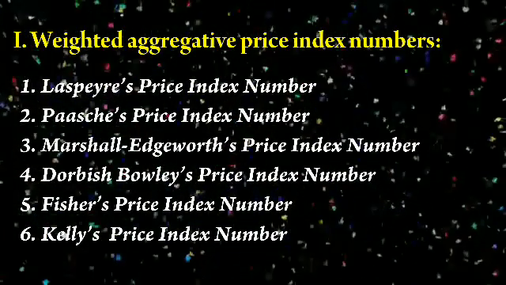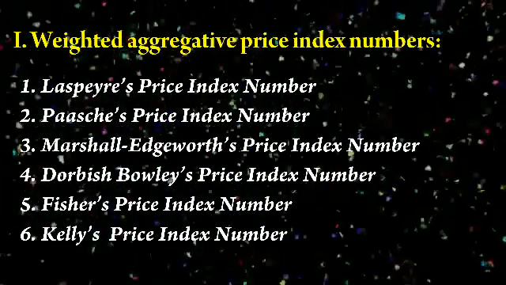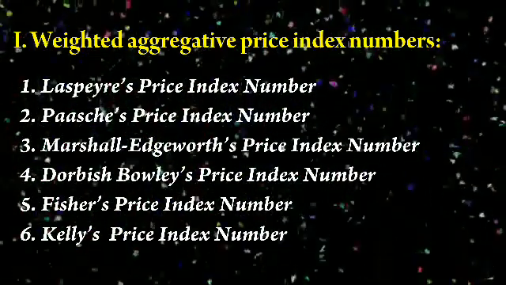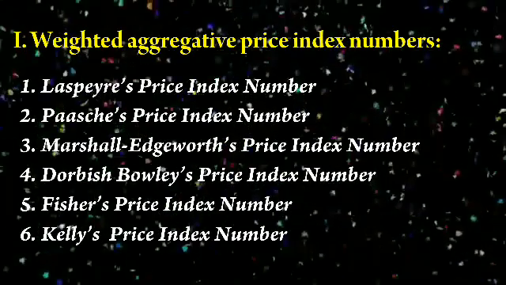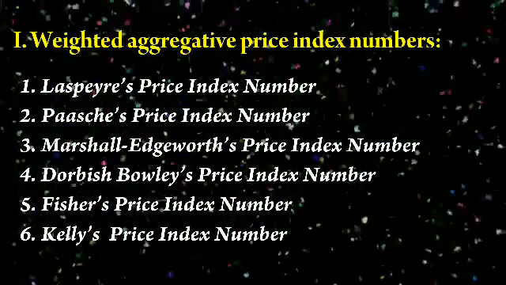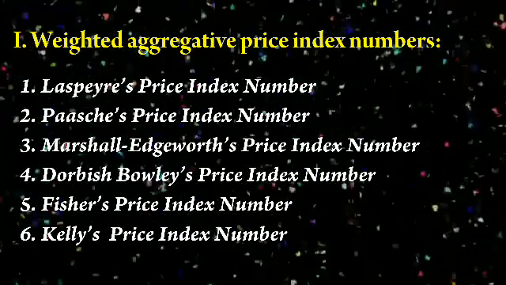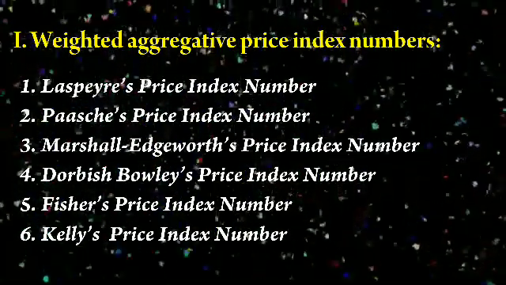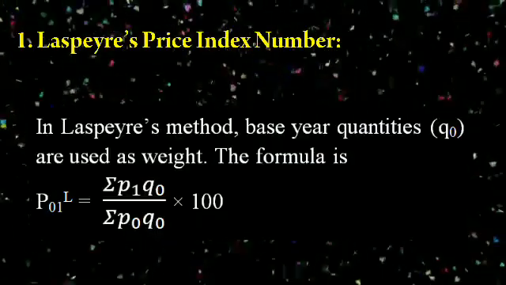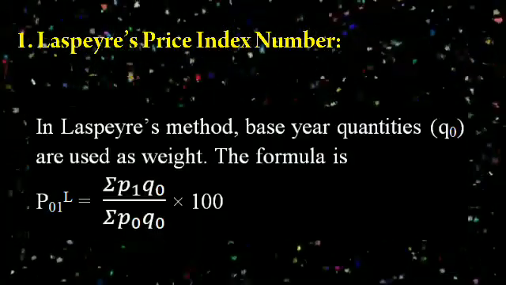So under the weighted aggregative method, there are 6 different formulae, starting from Laspeyres' till Kelly's. Based on these 6 formulas, you are going to compute the index number. Let us begin with the first one, that is Laspeyres' price index number.